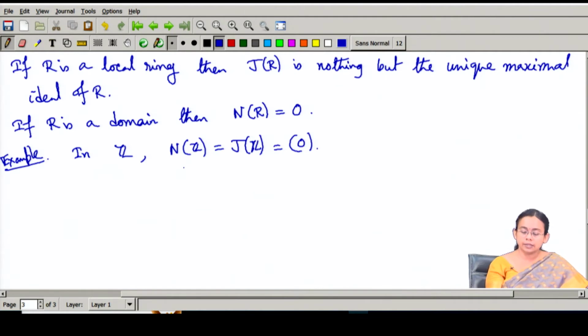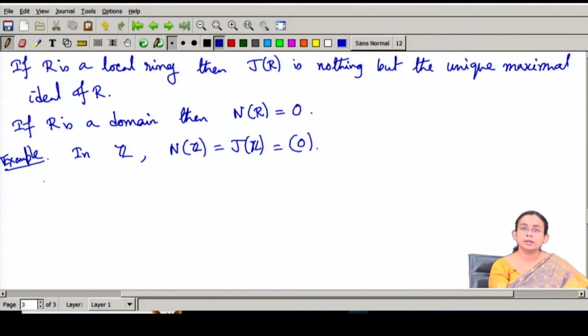So here the nil radical is 0, that is obvious. The only thing we need to prove is that the Jacobson radical will also be 0, that means the intersection of all maximal ideals should also be equal to 0.